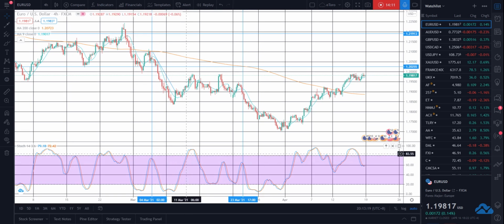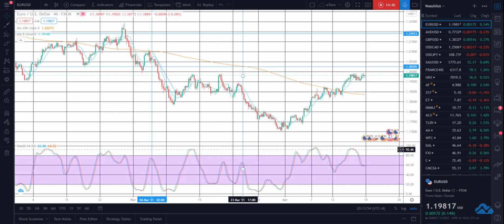Here, for example, you can see it making a higher high on the indicator but a lower low on the candlestick chart. But as you can see, it's not a change of trend anyway. So it worked like a resistance point at this stage.